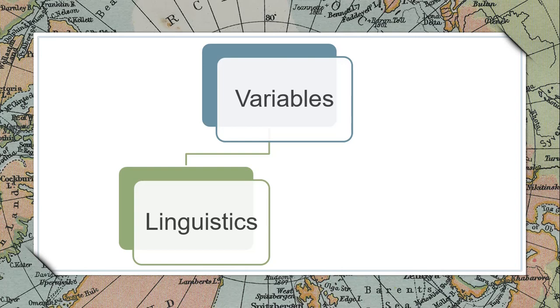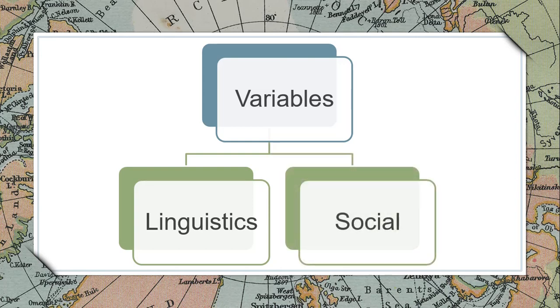The next one, because this is sociolinguistics and it has to deal with society, is the social variables. Social variables include your age, your gender, culture, social class, and other factors. As long as it is social, you can put it in as a variable of analysis.